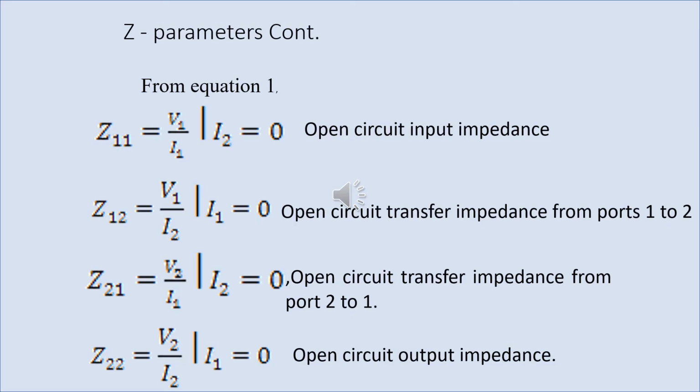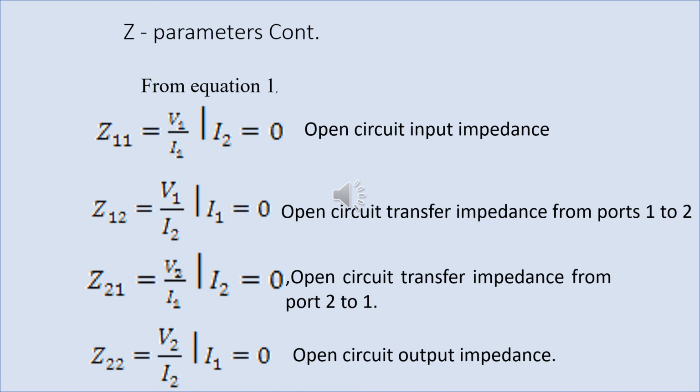From the general formula, V1 equals Z11 I1 plus Z12 I2 and V2 equals Z21 I1 plus Z22 I2, we get our Z11 equal to V1 over I1 when we set our I2 equal to 0, and that is called open circuit input impedance.